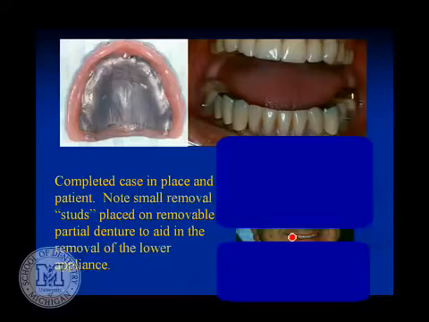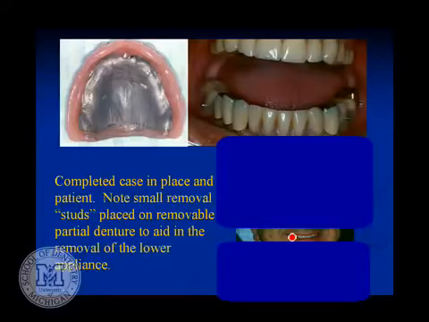The other thing one must think about if one's doing a precision attachment partial. With a conventional partial, you put it in, and when you ask the patient to take the lower partial out, they just put their thumbnails on the underside of the clasps, yes? So they just put their thumbnail under the clasp and they can lift it up. If you've got a precision attachment partial with no clasps, how do they get it out?